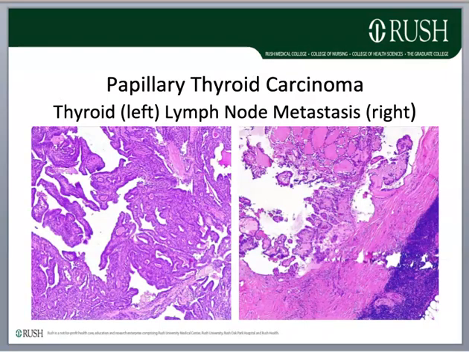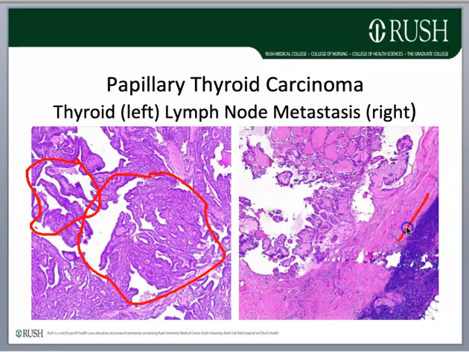So this is an example of a papillary thyroid carcinoma, and this is a section of the primary tumor located in the thyroid gland on the left. You can see that architecturally it forms these finger-like projections, which we call papillae. And this is a lymph node metastasis on the right.